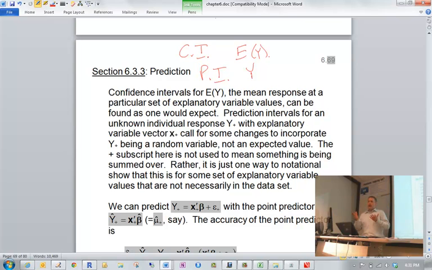Now, how would you do the bootstrapping with respect to the confidence interval for the expected value of y? What's the first thing that you would do? Get a resample. And we talked about two different ways to get a resample. So implement one, get a resample, and choose what particular x you want.